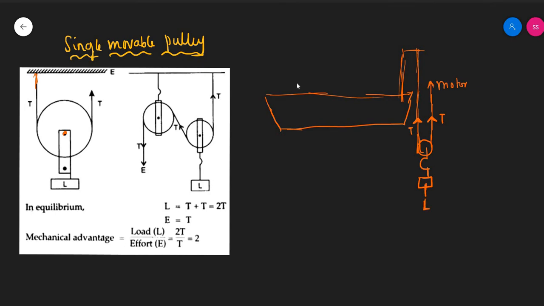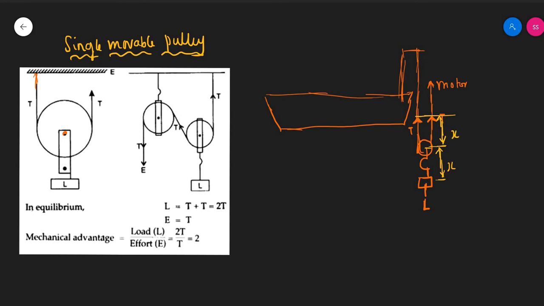Another observation is that if your load has to go up by a distance of, let's say, x, both sections of the rope also have to move by a distance of x.